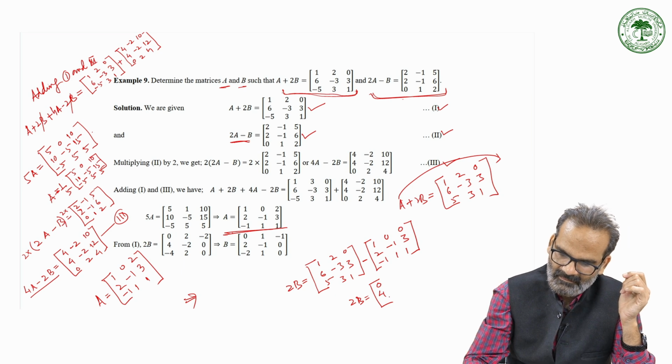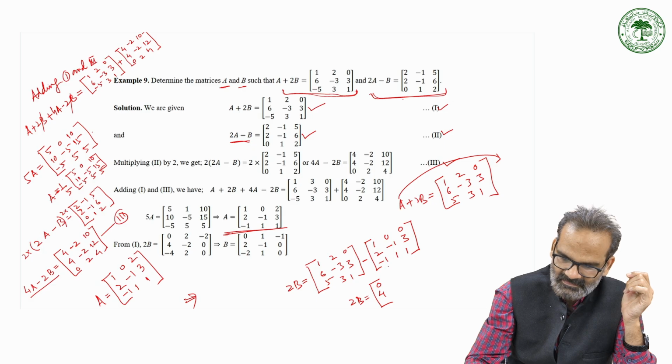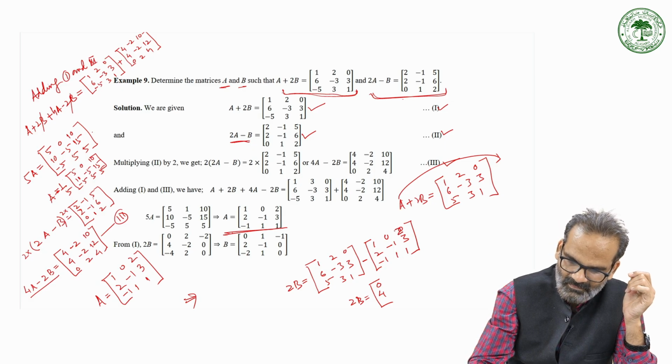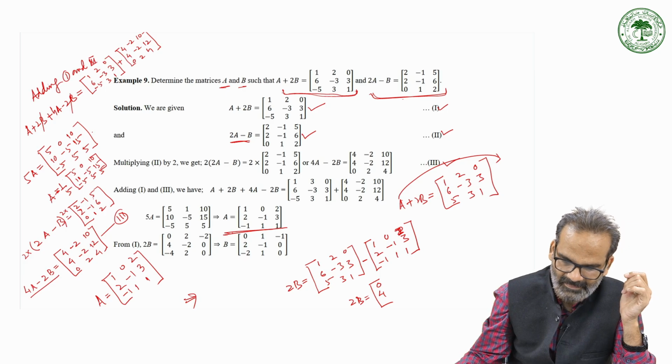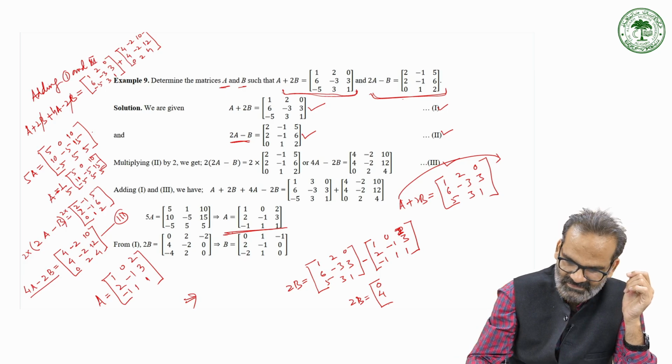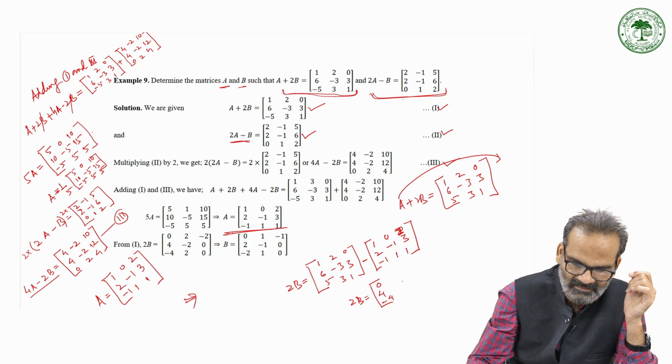What is A? 1, 2, minus 1, 0, minus 1, 1, 2, 3, 1. Oh, sorry, this is 2. A is 2, 3, 1. So what is coming out? 0, 4, minus 4, and then 2 minus 2, 2 minus 2 and 2, 2, 0, 0. This is the value of 2B.